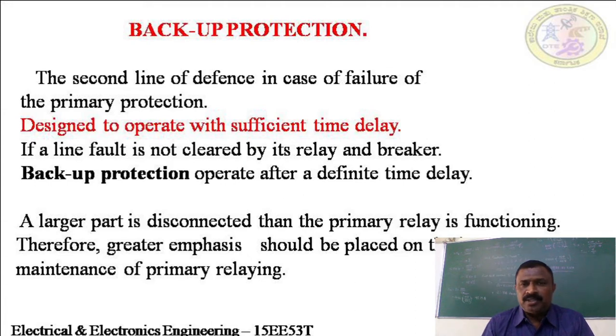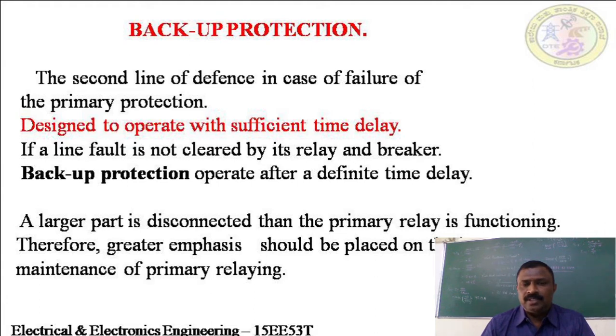This backup protection is designed to operate with some sufficient time delay. After the time delay, the backup protection will come into the picture. The drawback of backup protection is that a larger part is disconnected than with the primary relay functioning.